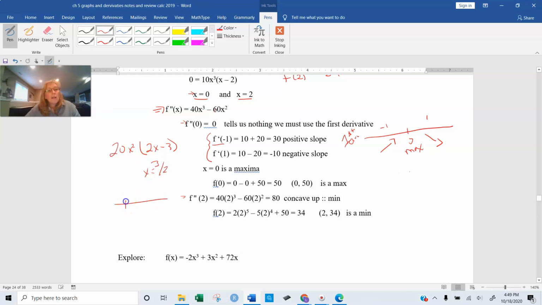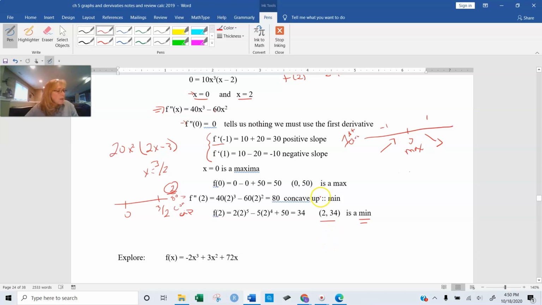We've already done 0. Here's 3/2. 0 was unhelpful. We did -1 and 1. So now we're going to check 2 on the other side. When we plug in 2, we get 80. So it's positive. So this is concave up. It also happens to be the one we just picked, which means 2, 34 is a min. So it happened to be the same problem, which is just fine.